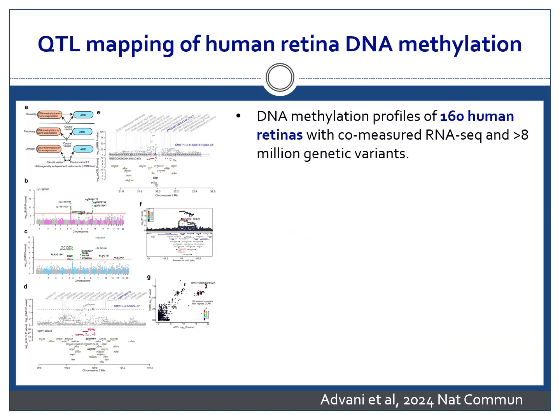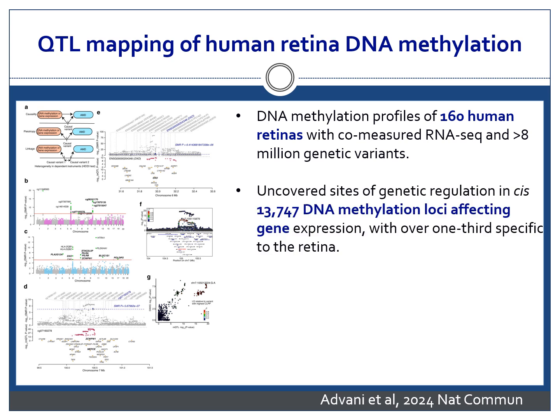Similar to expression level, we can also use other molecular QTLs. Shown here is an example of the QTL mapping of human retina DNA methylation, where the DNA methylation profiles of 160 human retinas with co-measured RNA-seq and 8 million genetic SNPs were used.